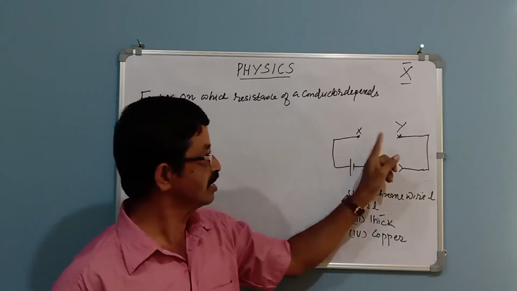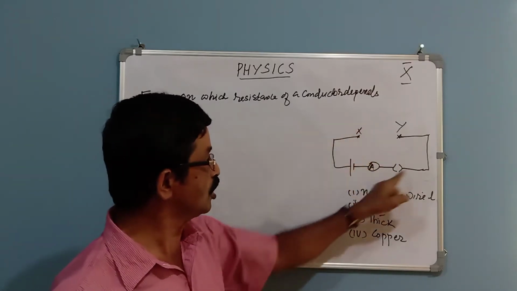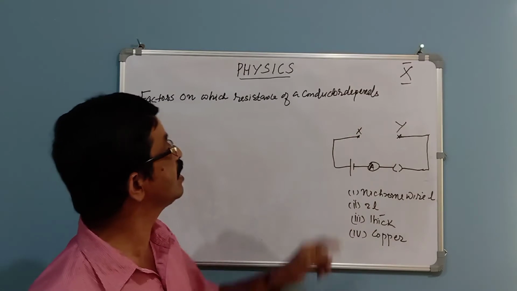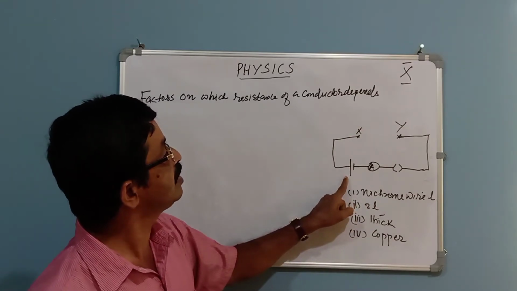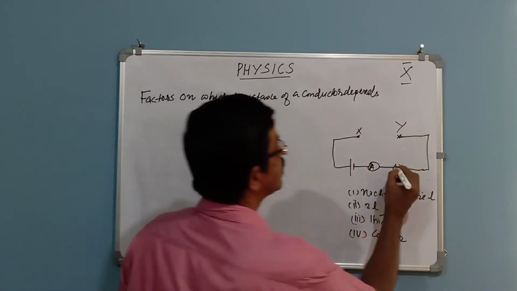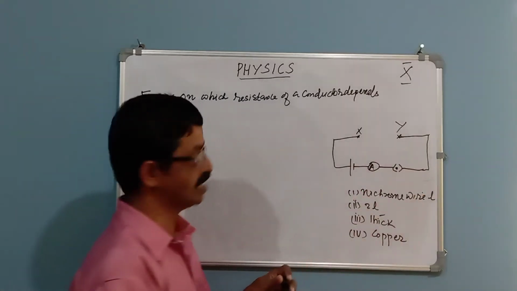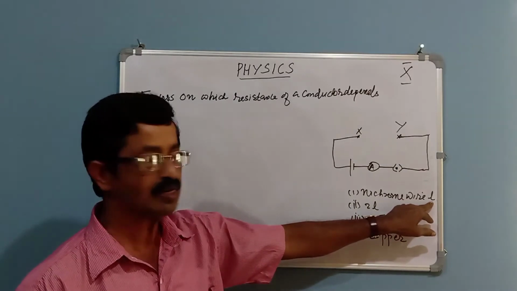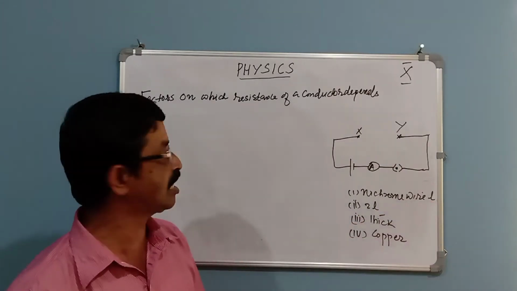A circuit is made as shown in this figure. Here there is a battery, an ammeter and a plug key, and the materials required are a nichrome wire of length L, say about 50 centimeters.